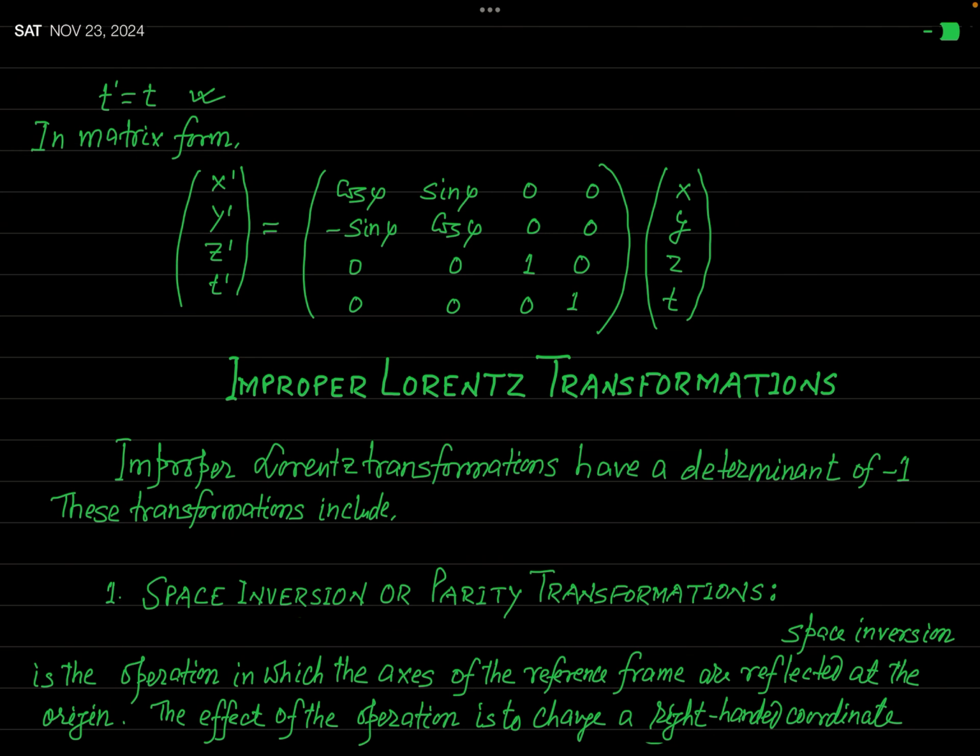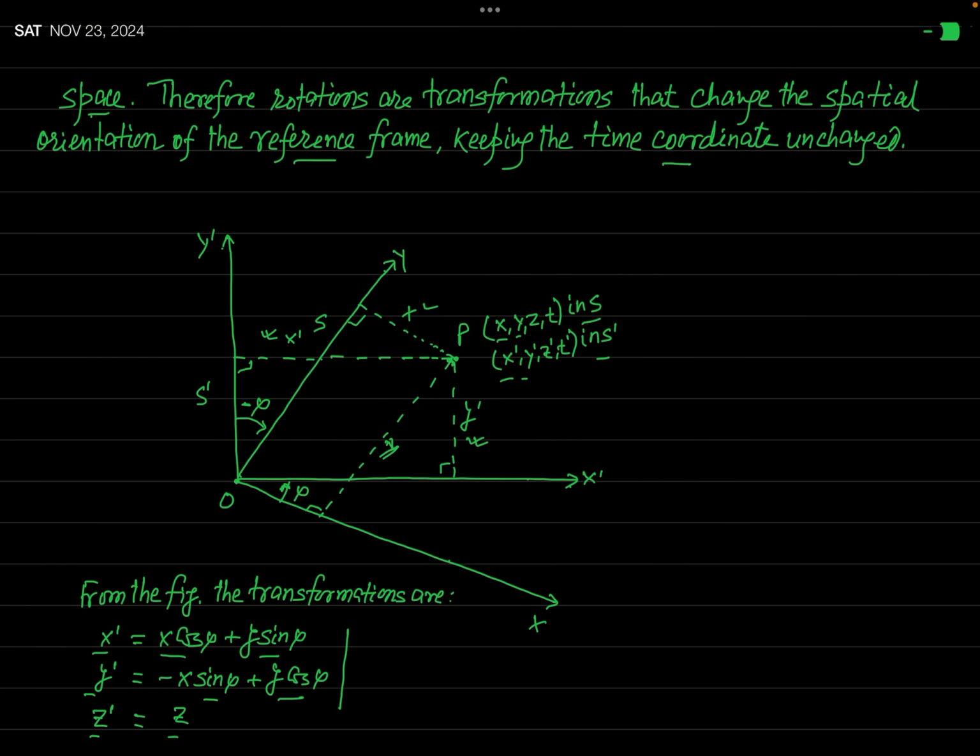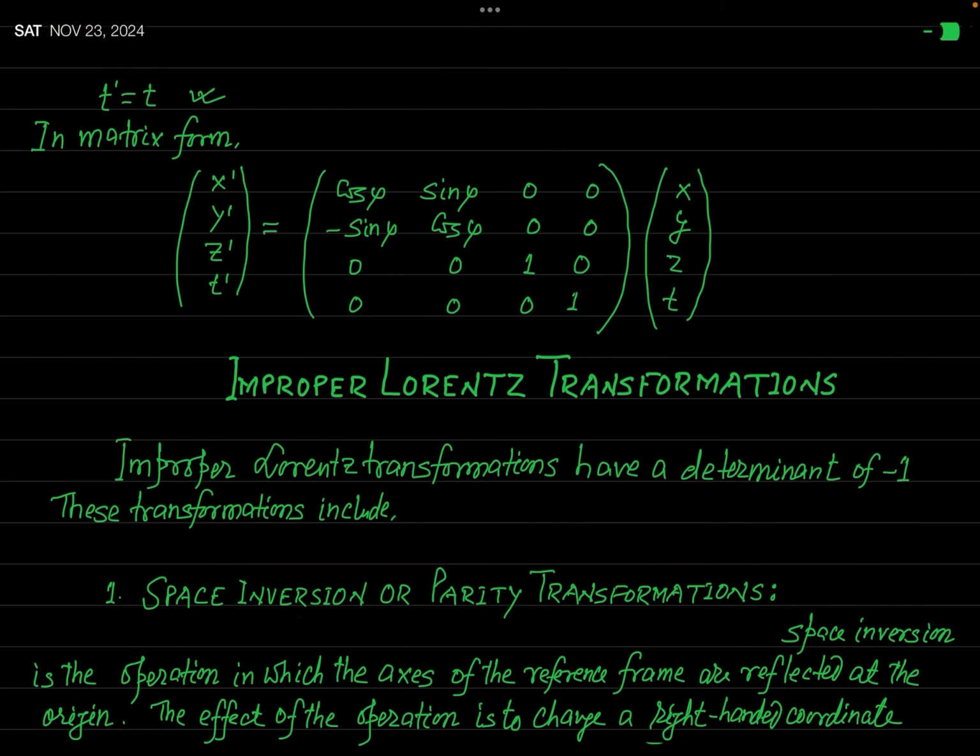So in matrix form, when you write these four equations, what will that be? That will be a column vector x dash, y dash, z dash, t dash, and that is equal to this Lorentz transformation matrix, which is a 4 by 4 matrix, operated on the column matrix x, y, z, t.